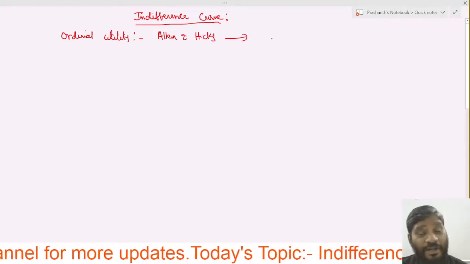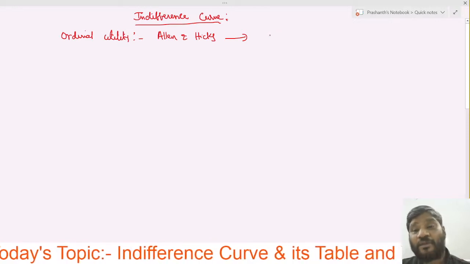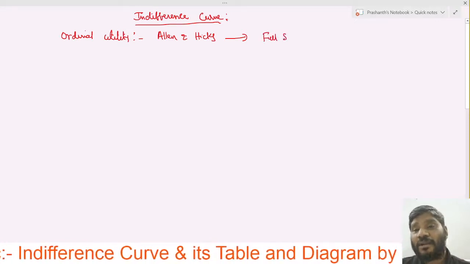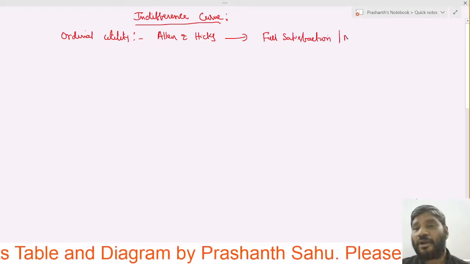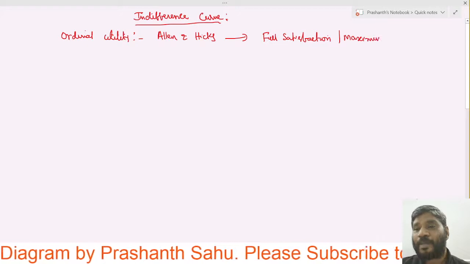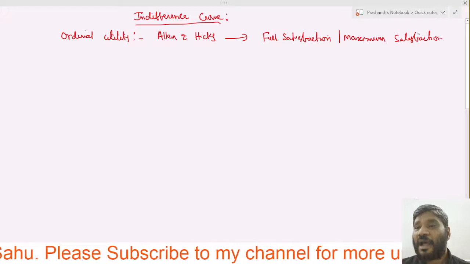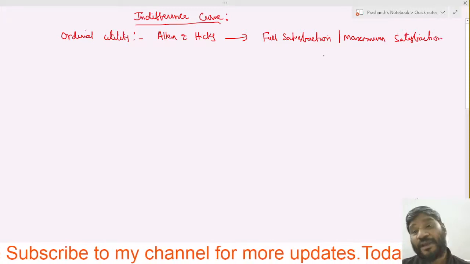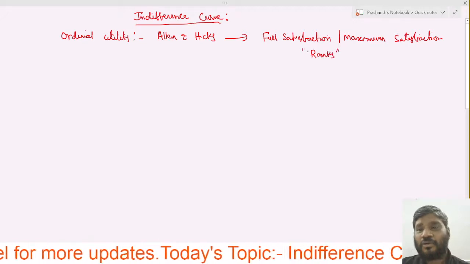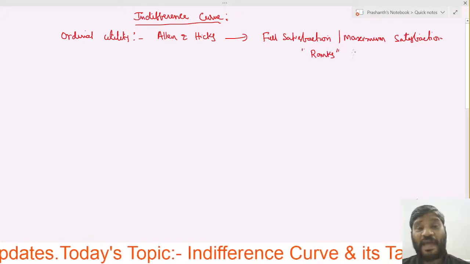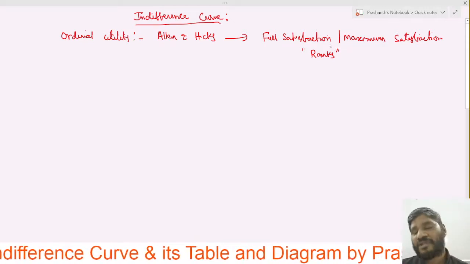Ordinal utility is also very much helpful to measure the full satisfaction or maximum satisfaction of a consumer. And how do they calculate it here? Yes, in ranks. I have given the explanation of ordinal utility in the previous videos. You will find it once you check it out.